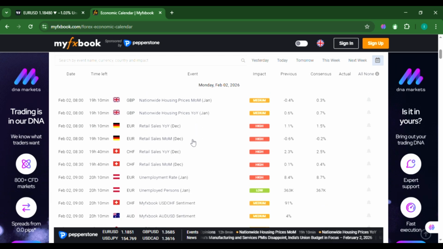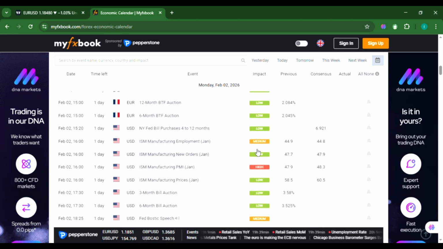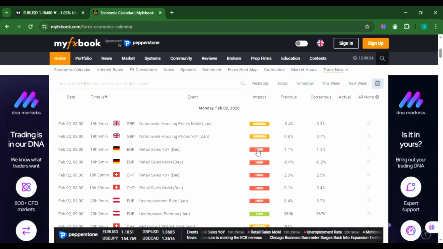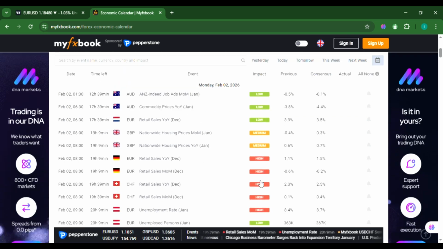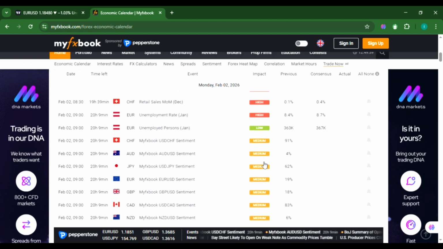You can see that for the Euro we have high impact news around 8:30 a.m. So we also need to have this in mind and pay attention to it, because the effect of the news can influence price movement.